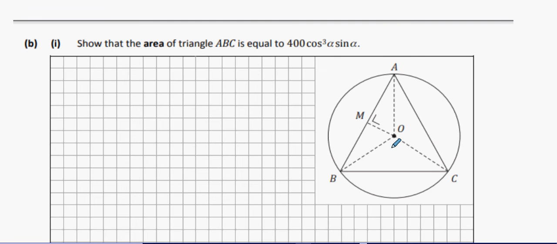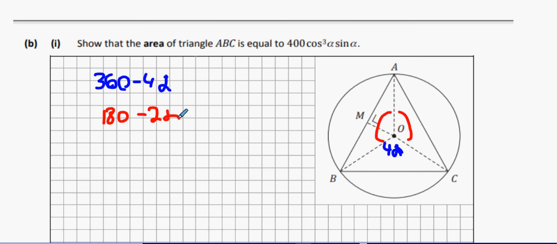So that was 4a. Alright, so then it'd be 360 minus 4a is left over, or 4 alpha, and then these two angles are the same as each other, and I'd have them both down as 180 minus 2 alpha, and then you could do 180 minus 2 alpha, and then, oh, that's a very sneaky way of doing it.